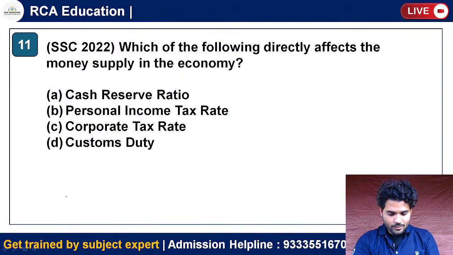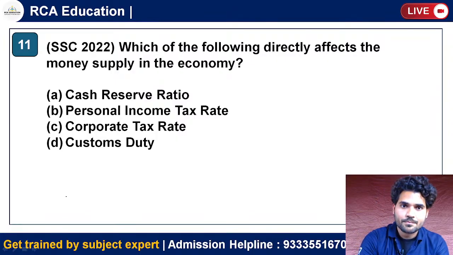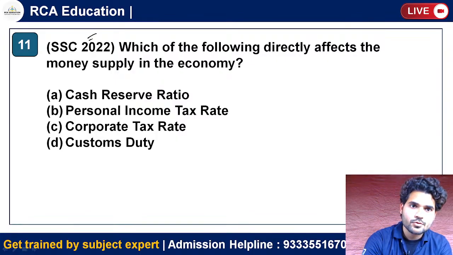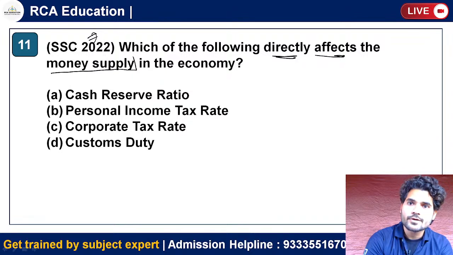Next, question number 11. SSC 2022. Which of the following directly affects the money supply in the economy? Personal income tax rate has no connection with money supply.